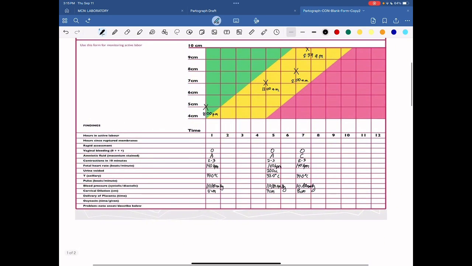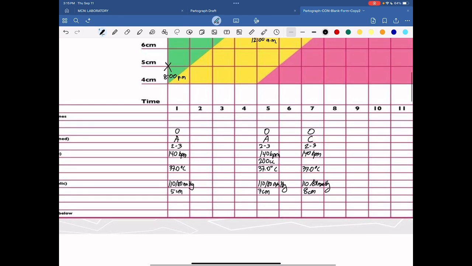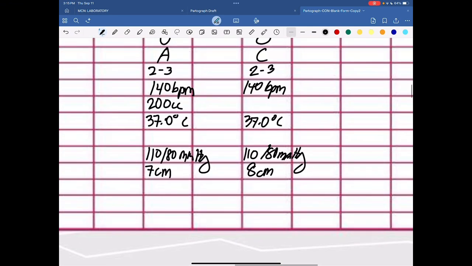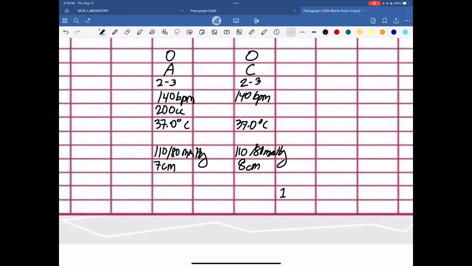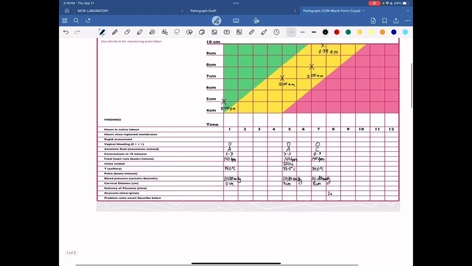So let's put the marking of oxytocin, just about here, 1 unit of oxytocin. 1 unit of oxytocin was given at 2:54 a.m. through IM at the mother's right deltoid.